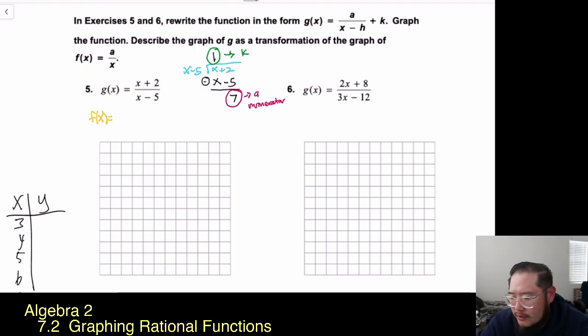It's going to be 7 over x minus 5. That will stay the same. And then I'm going to put plus 1, because that was the number that I divided into. And so now we have our equation for our hyperbola in a different format.